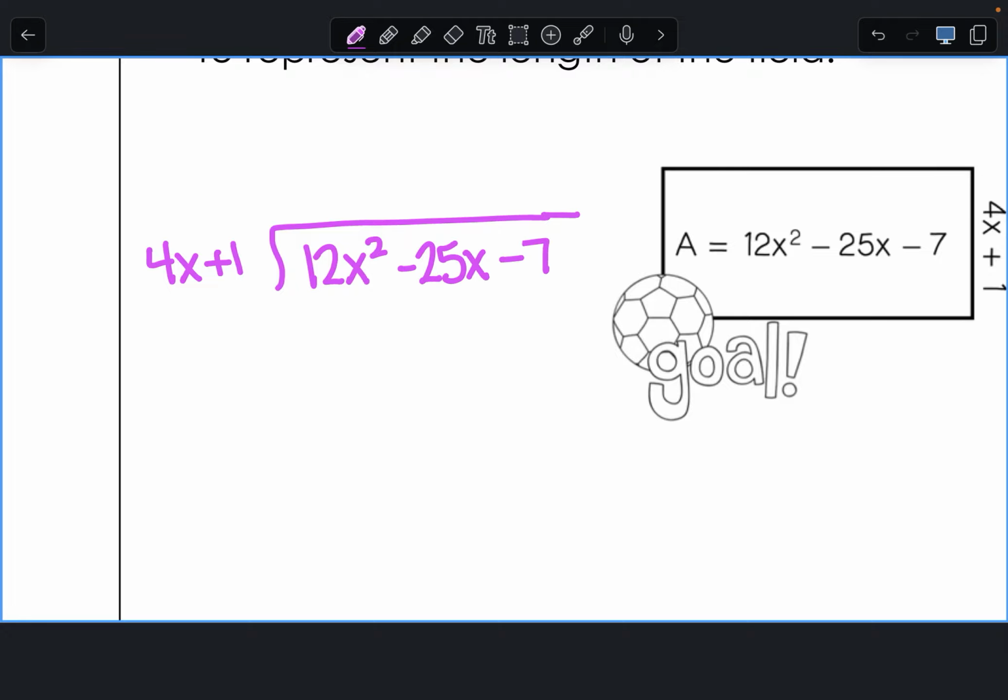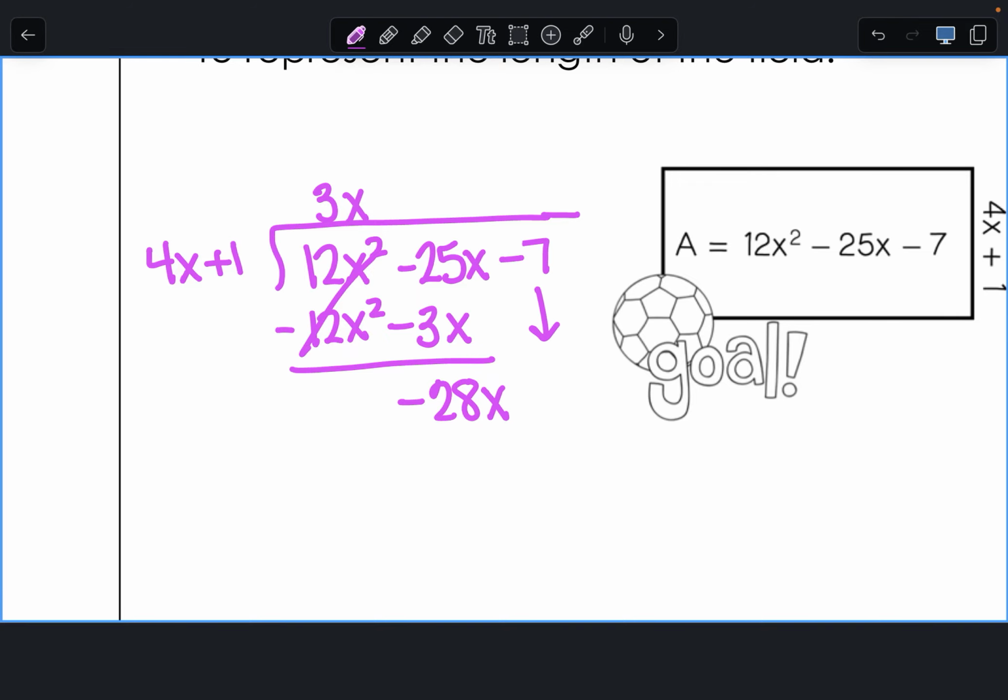All right. 4x times what gives you 12x squared? 3x. Good. 12x squared. But don't forget the other one. 3x times 1, 3x. Now change them both to opposite, which is minus, minus, right? The first one cancels out, but what is negative 25x minus 3x? Negative 28x. Yep. Bring down the minus 7.